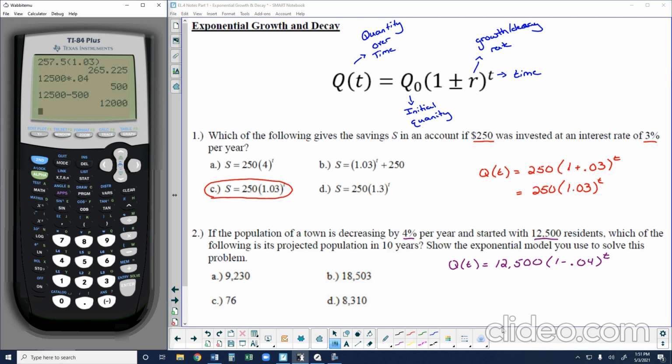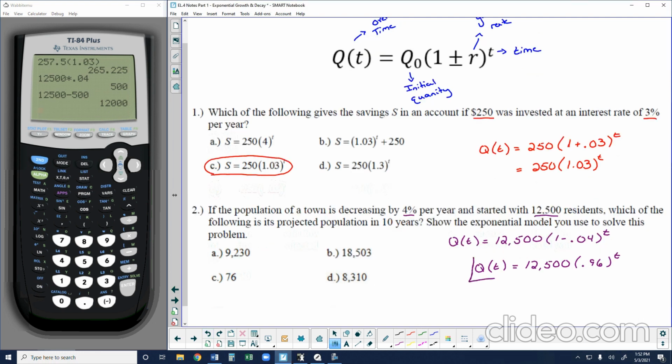We can account for that by taking 12,500 times 1 minus 12,500 times 0.04. And so our model then would, in this case, be simplified to 12,500 times 0.96 to the t power. So this is the model.